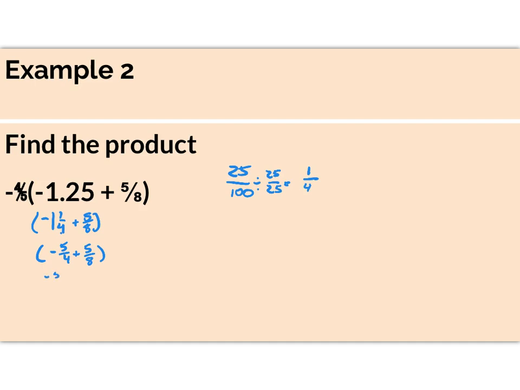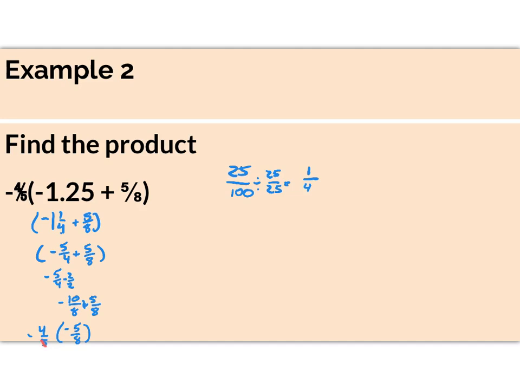If I multiply 5/4 times 2 over 2, I get -10 over 8 plus 5 over 8, which gives me, with different signs, -5 over 8 times -4 over 5.